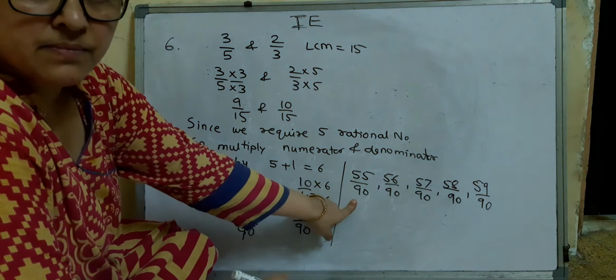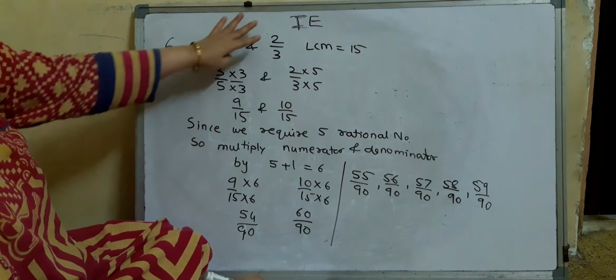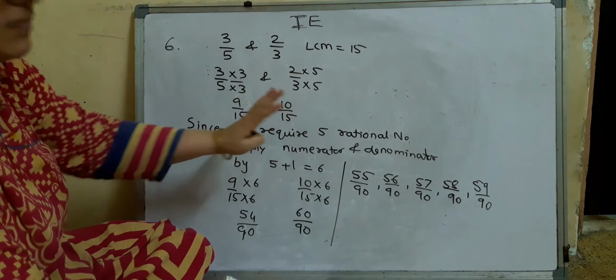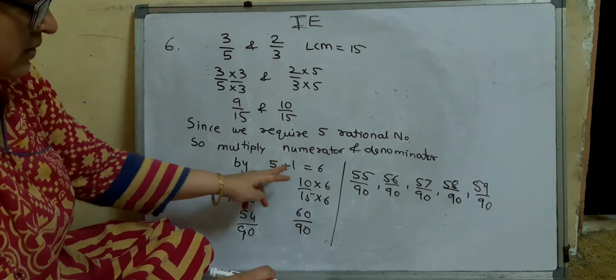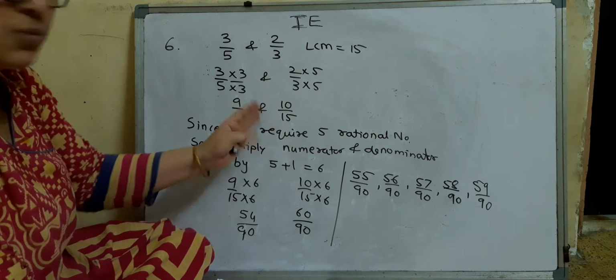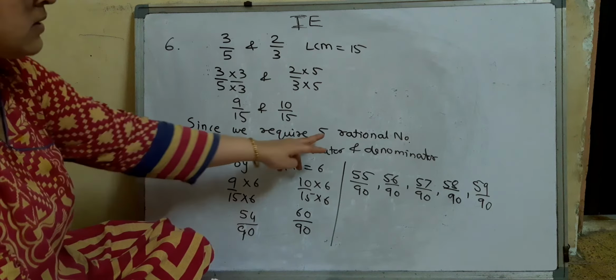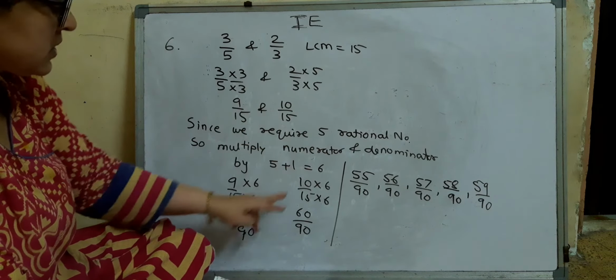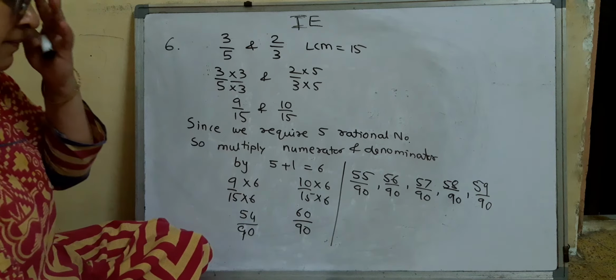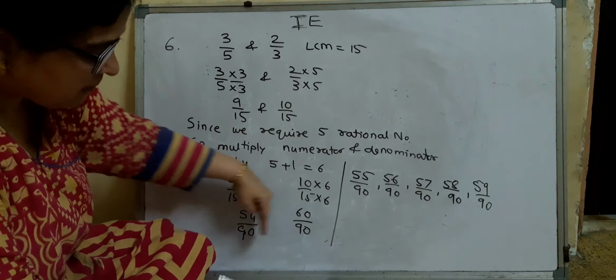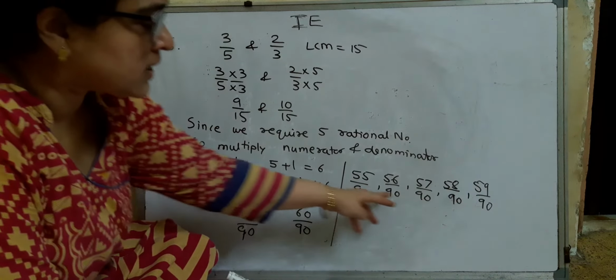First of all, take the LCM. Now if you require 5 rational numbers, multiply by 5 plus 1, that is 6. If it is 6, then 6 plus 1, 7. Here you require 5, so 5 plus 1, 6. Multiply by 6 to get 54 upon 90 and 60 upon 90. The 5 numbers between these two are the answer.